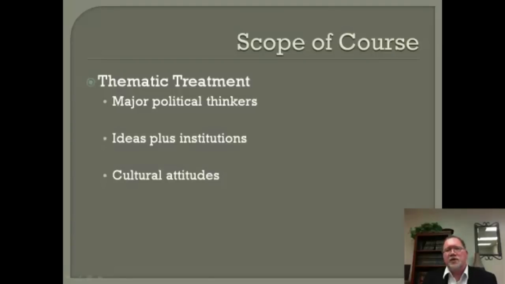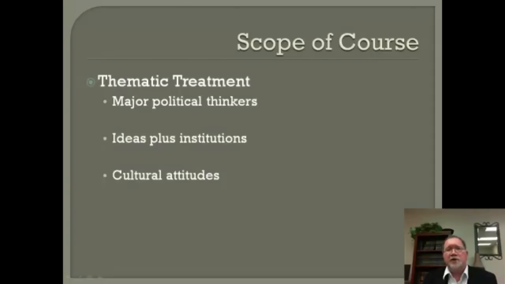But in addition to talking about the political thinkers and the ideas, we'll also be taking a look at certain important institutions that have played a role in the development of conservatism and liberalism and libertarianism. And we'll also go beyond that to examine cultural attitudes and how they shift over time.